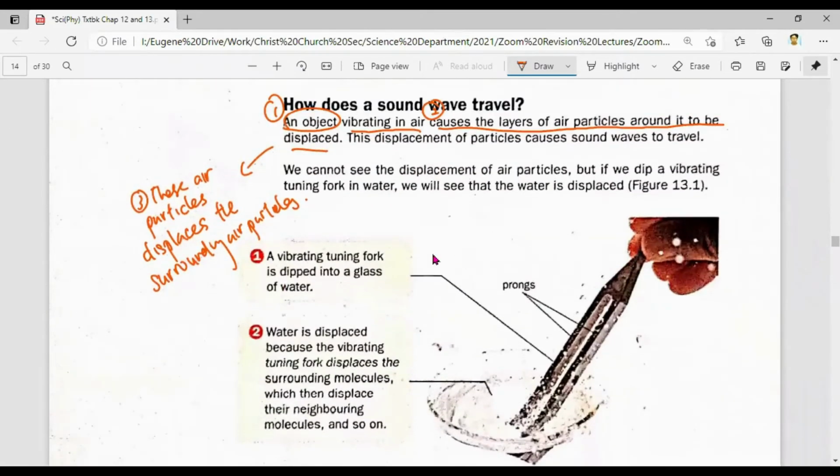So what happens is that the object vibrating in air causes air around it to be displaced. These air particles displace the surrounding air particles.